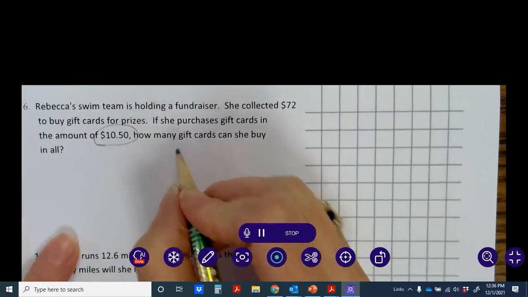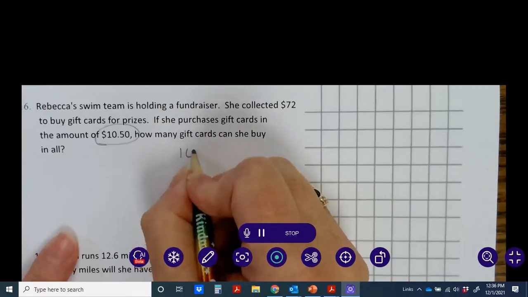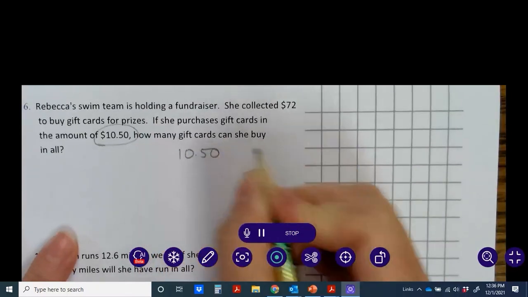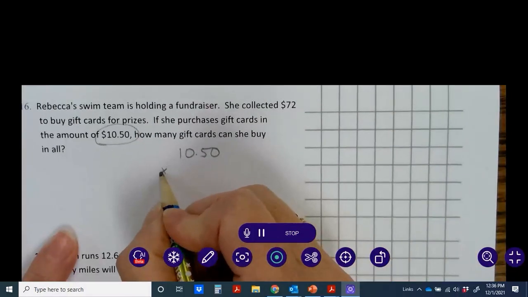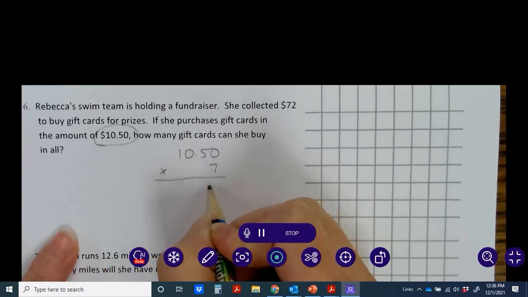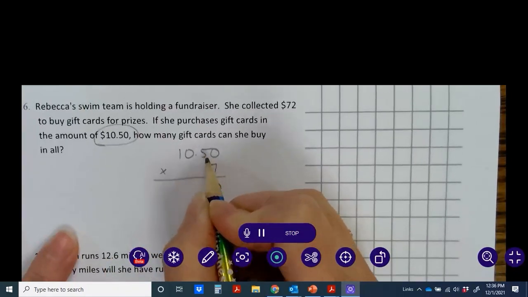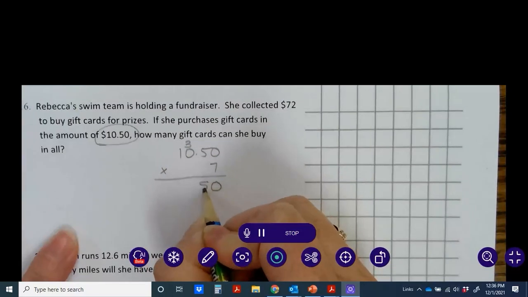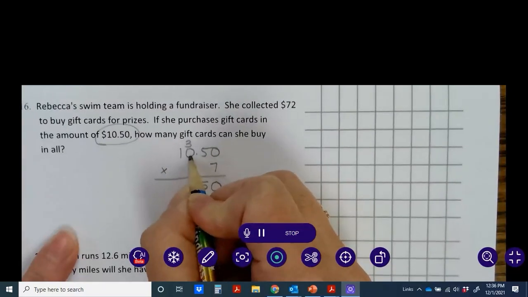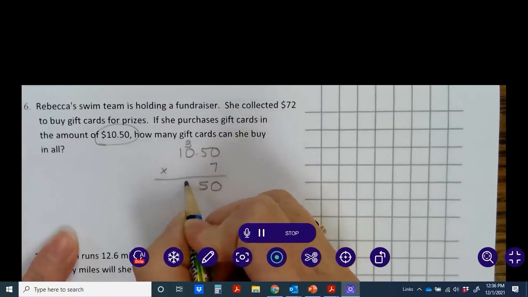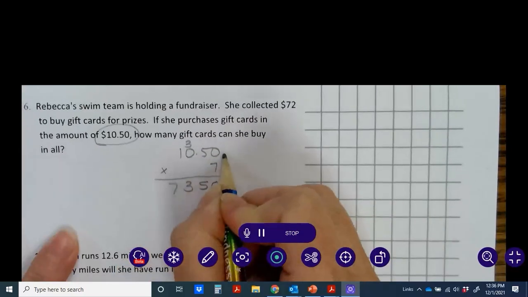Now, okay, look, if I have $10.50 times 7 gift cards, that's 0, this is 35. 7 times 0, 0 plus 3 is 3, and then 7, and then 1, 2.